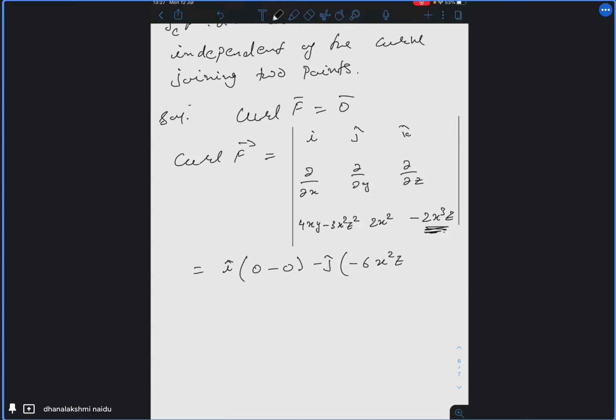And then this needs to be differentiated with respect to z. Minus minus will be plus 6x square z. Then with k you will have this and this. So with x you will have 4x and with y you will have minus 4x. So the answer is 0 bar.